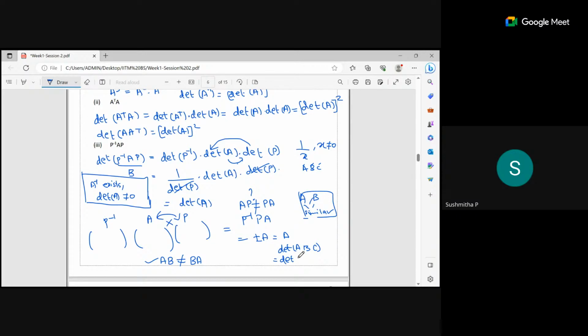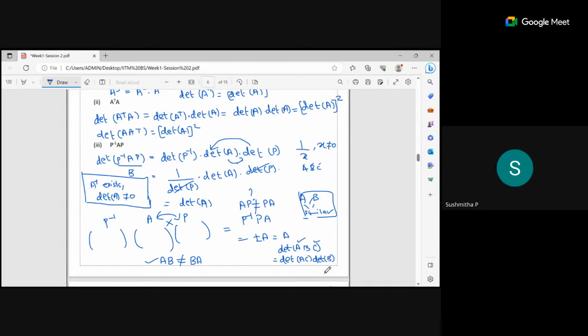But you never know whether this multiplication AC is always possible or not. First of all, the determinant of A, the determinant of B, and the determinant of C should exist, so they are all square matrices. In that case, they will all be of the same order.